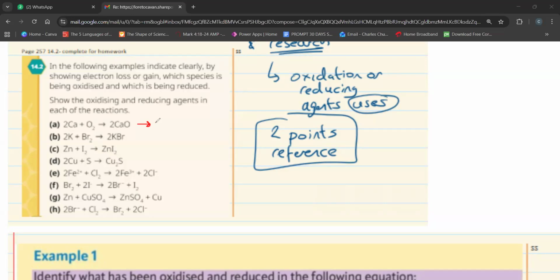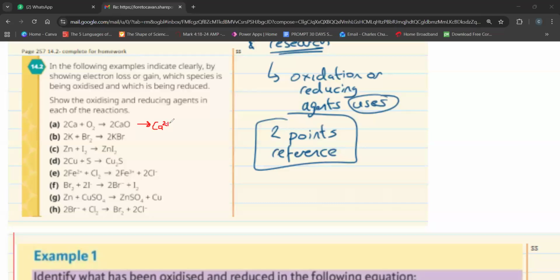Yes. Okay, so the calcium was at zero before, because it didn't have any number there. So by the time it got to the right hand side, it became 2 plus, right?